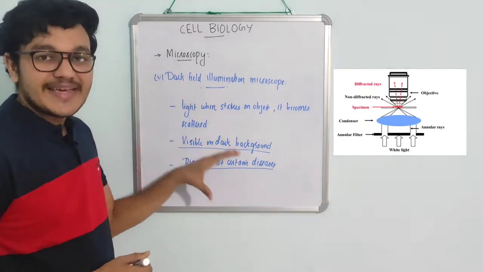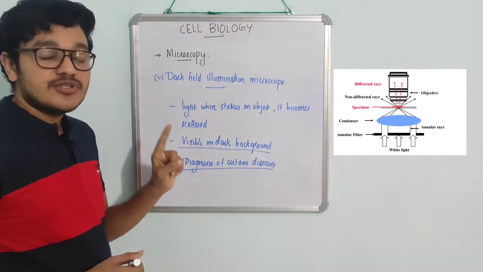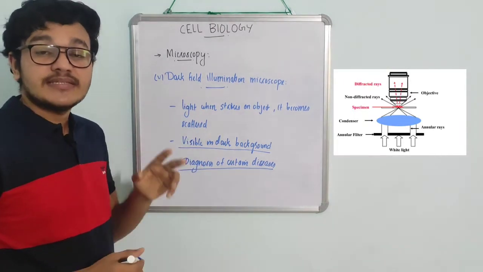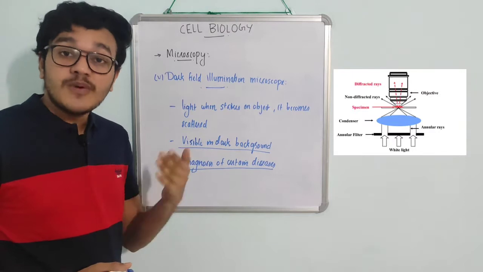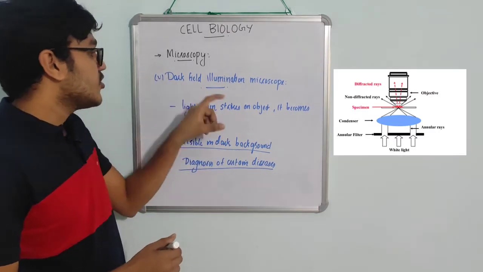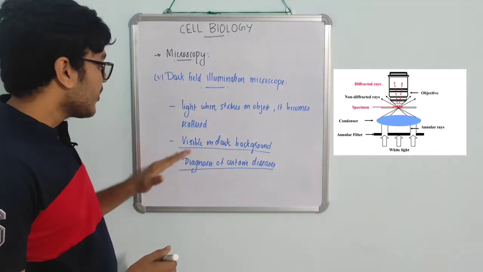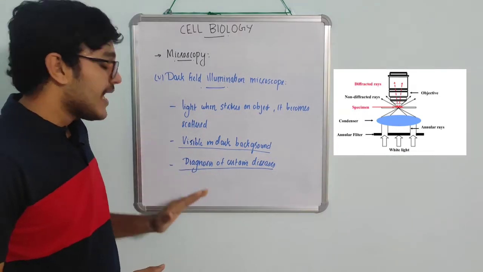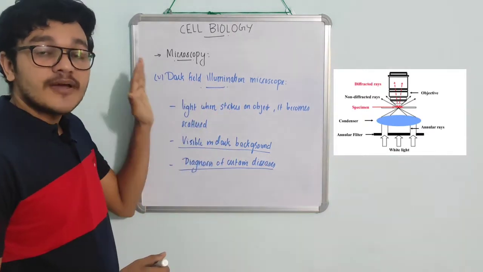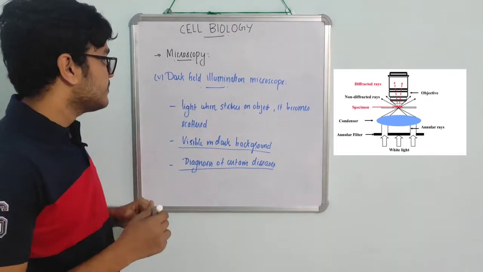So the primary thing to focus on here is that it is used for diagnosis of certain diseases, and second, that certain microorganisms which cannot be viewed through an ordinary microscope can be viewed through it. I hope you understood the principle and the application of the dark field illumination microscope. You should note it down because it is really important.